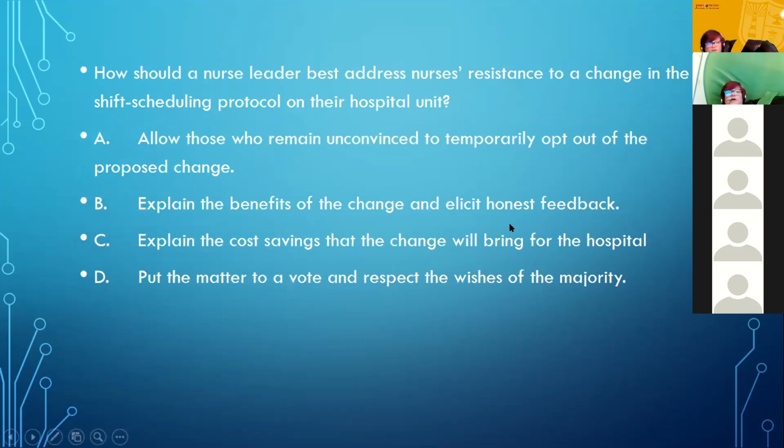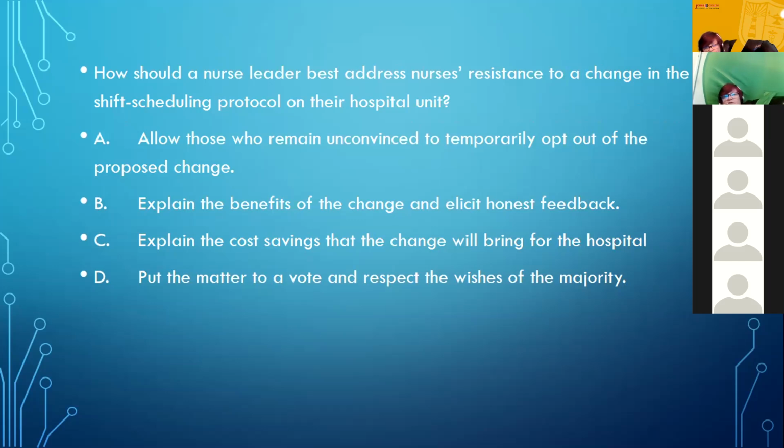Okay, how should a nurse leader best address nurses' resistance to a change in shift scheduling protocol on their hospital unit? 1, allow those who remain unconvinced to temporarily opt out of the proposed change. 2, explain the benefits of the change and elicit honest feedback. 3, explain the cost savings that the change will bring for the hospital.